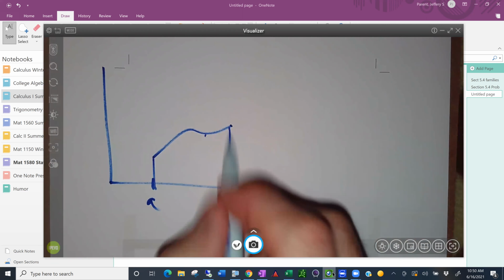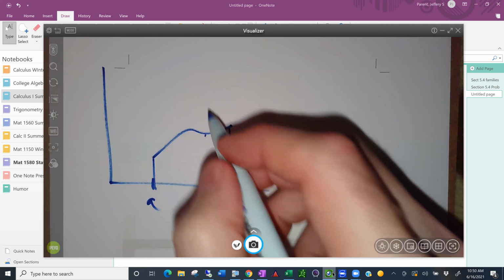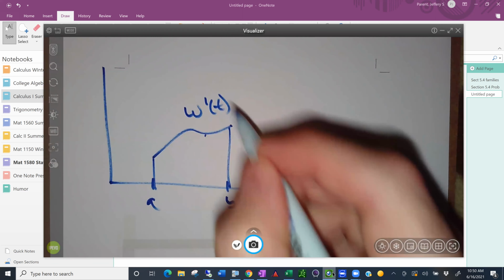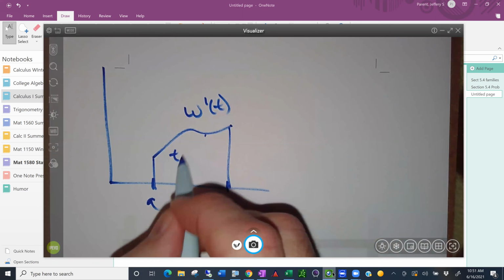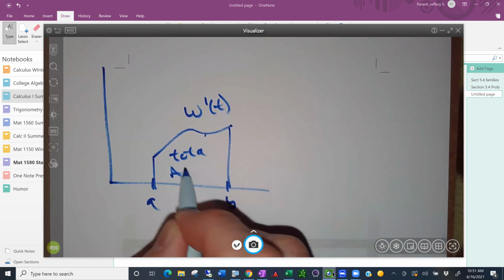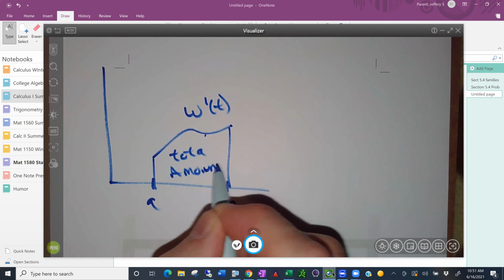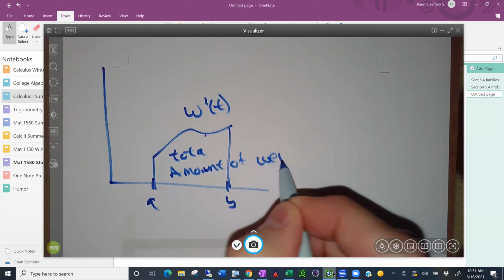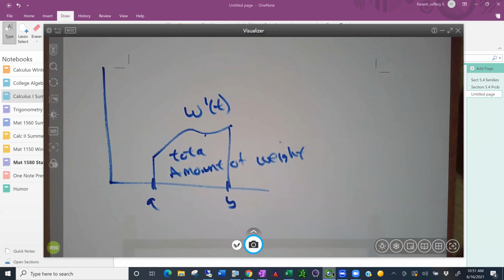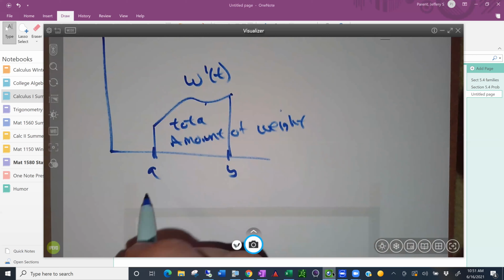With this area, assuming that this is your weight change, this total area is going to be the total amount of weight that you gained in this time interval. And in our case, it's 6 to 8.